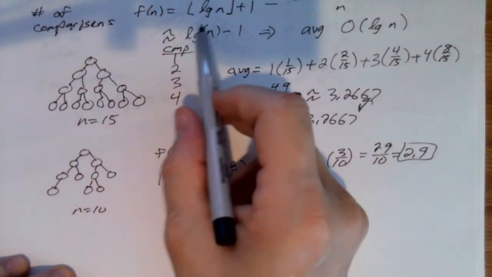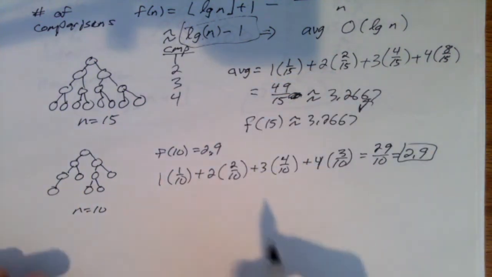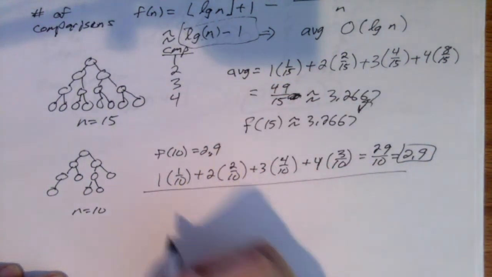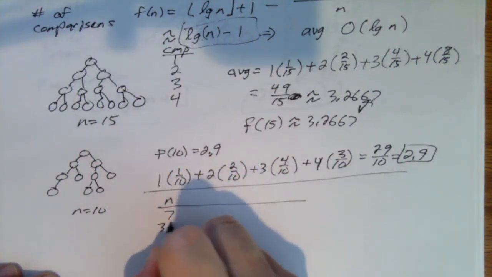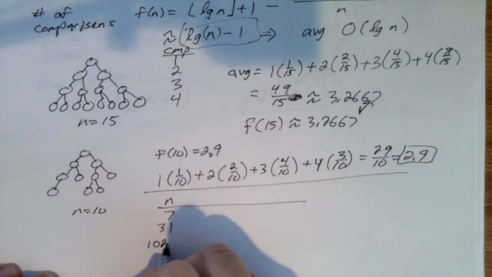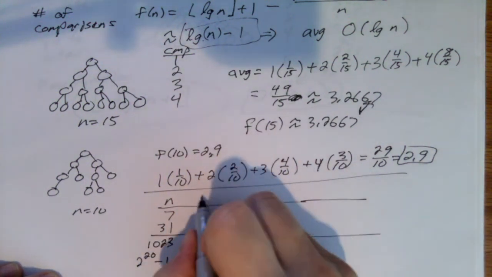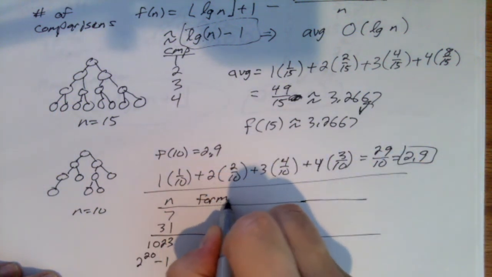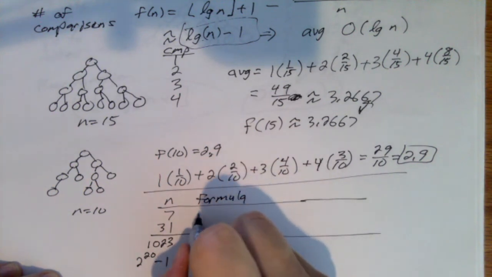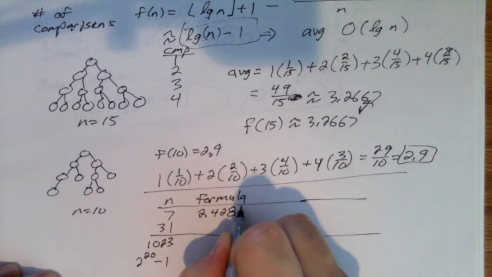We said that this right here was approximately this. Is that really true? Well, I ran some values. I tried n equal to 7, 31, 1023, and also 2 to the 20th minus 1. Using the formula, or my method, I get 2.4286 for 7.